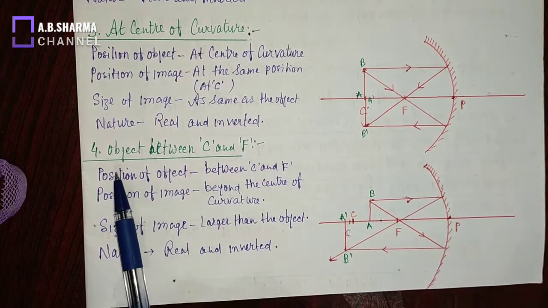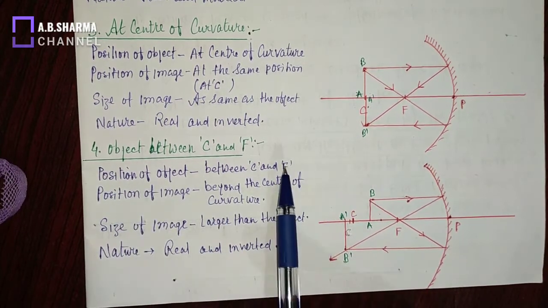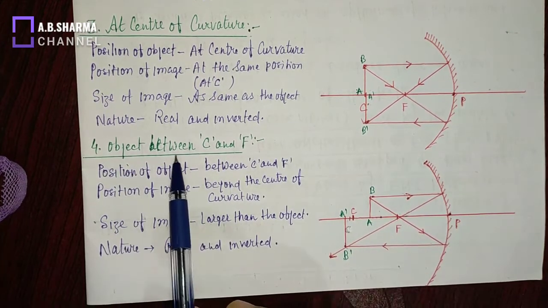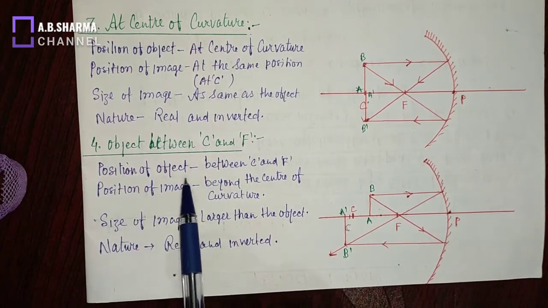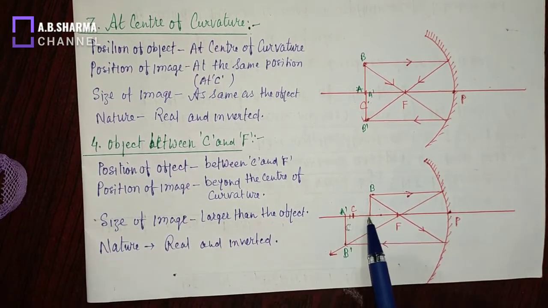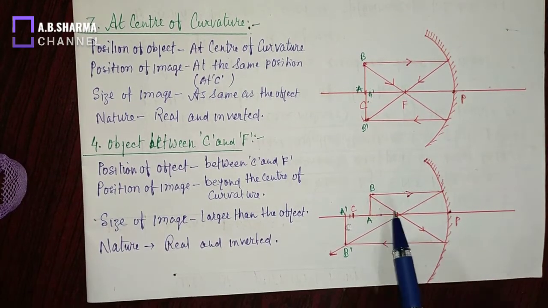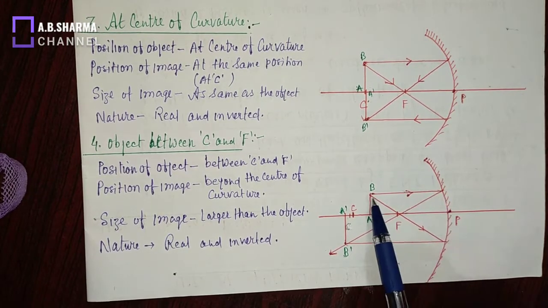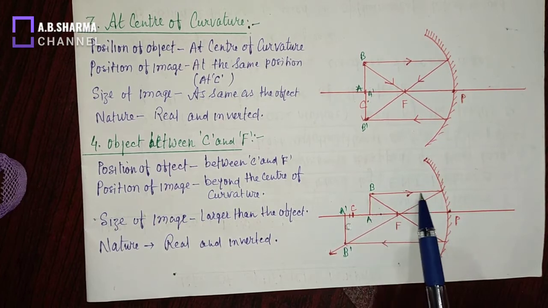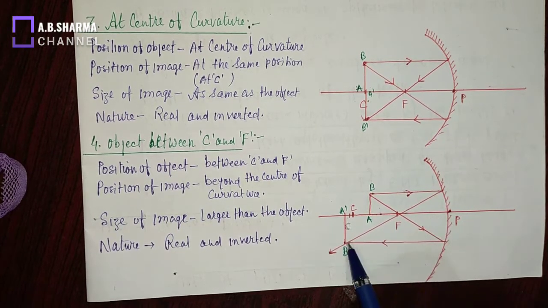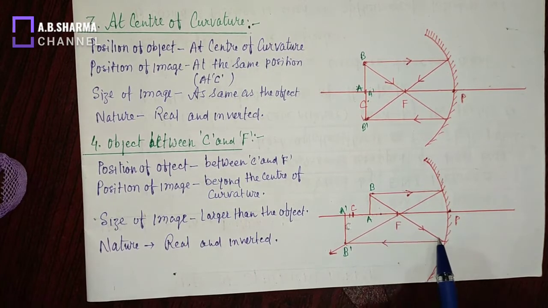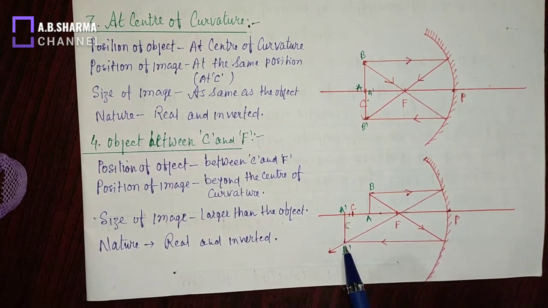Next, bring the object closer, that is now it is kept between F and C. This is the object AB. The ray that comes from the object parallel to the principal axis will pass through the focus. Second, the ray which passes through the focus will become parallel to the principal axis, and this is the intersecting point.